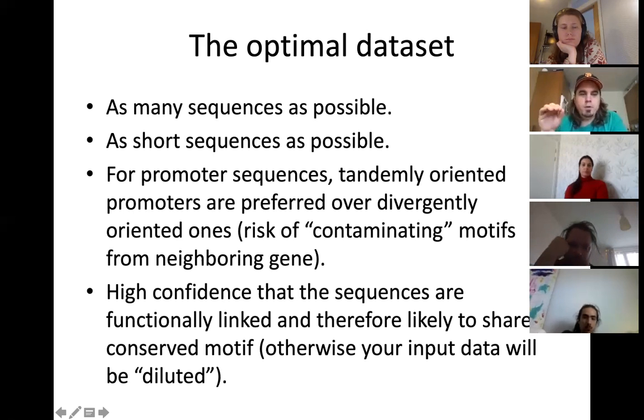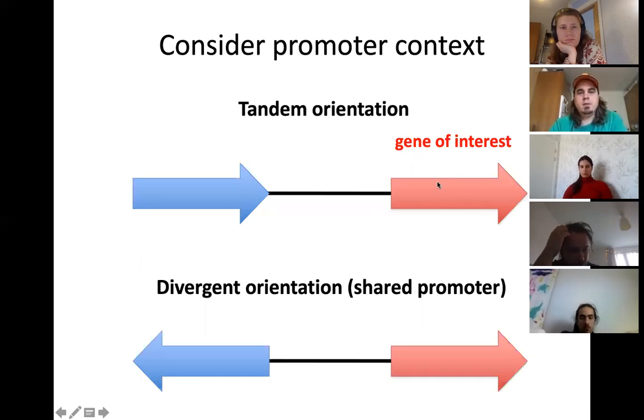So if you put in an unrelated sequence, a sequence that has nothing to do with it, you're diluting the information. It basically adds random noise. If this is your gene of interest, this is its promoter region.